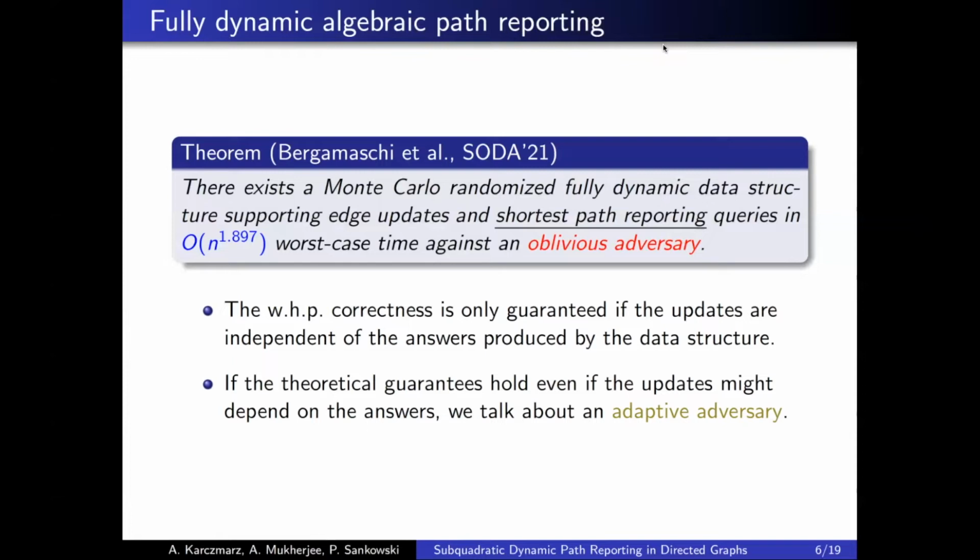In recent years, there has been a significant effort of the dynamic graph algorithms community to obtain solutions that work well against an adaptive adversary, possibly by completely avoiding randomization. Such algorithms are not only more general, but can also be used in a black box way as building blocks for static algorithms.